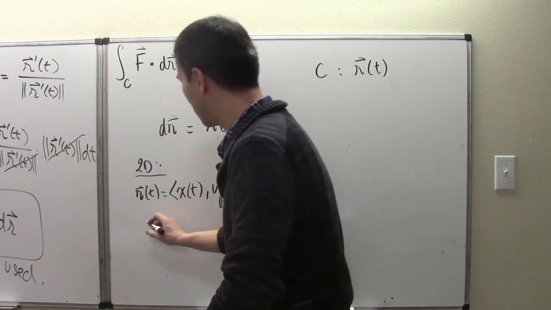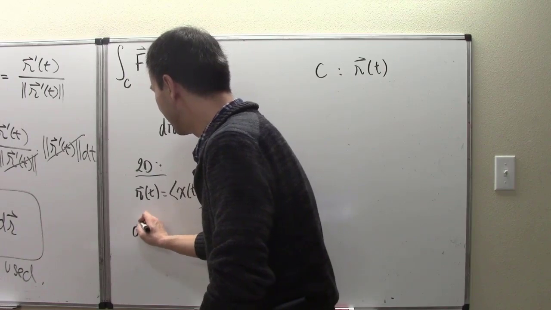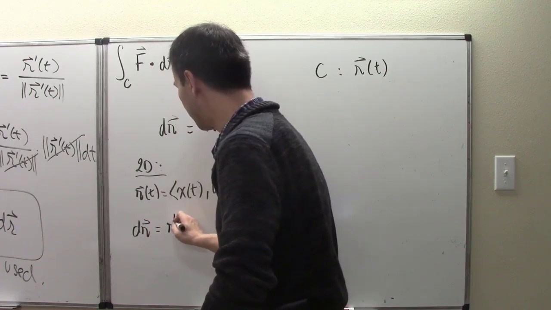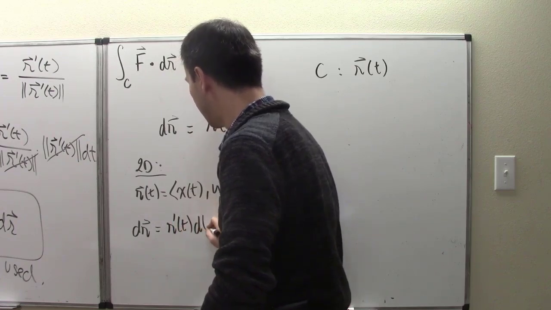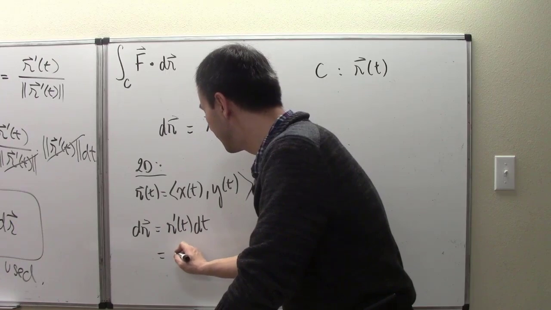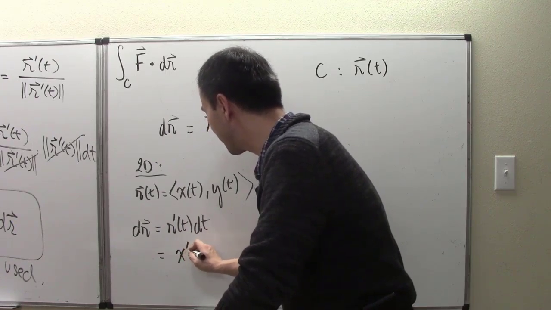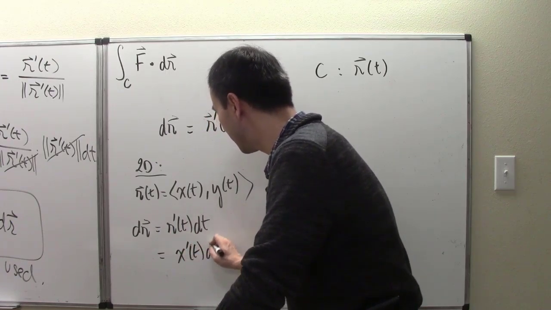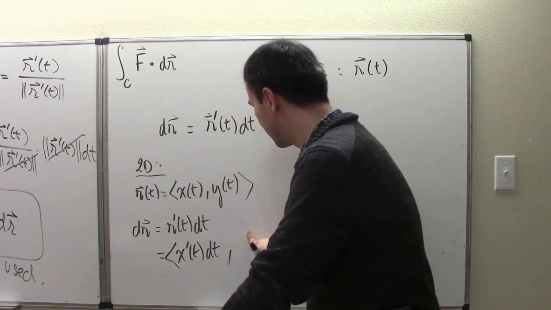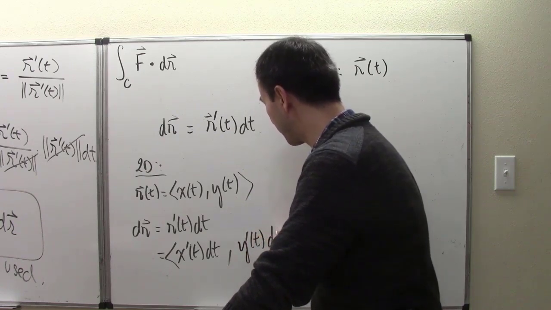And consequently, dr, being r prime of t dt, will become simply the vector x prime of t dt, comma, y prime of t dt.